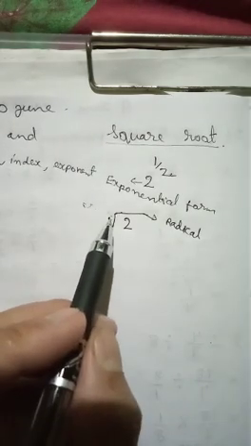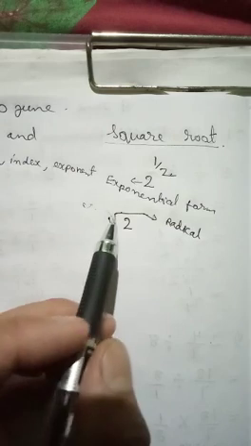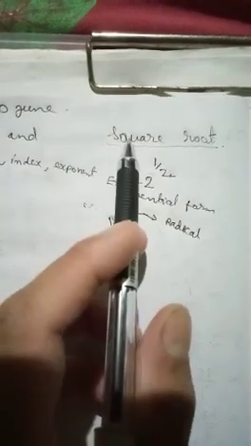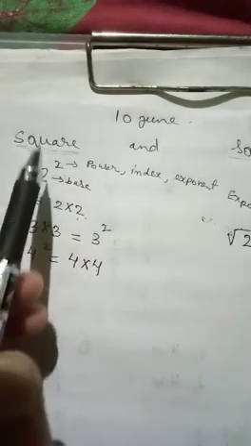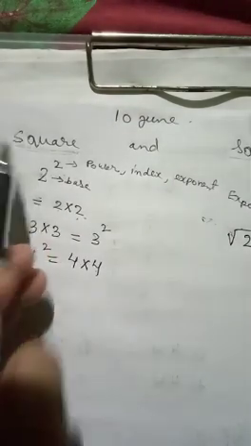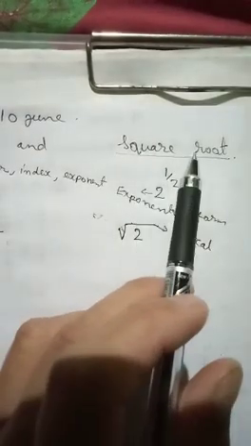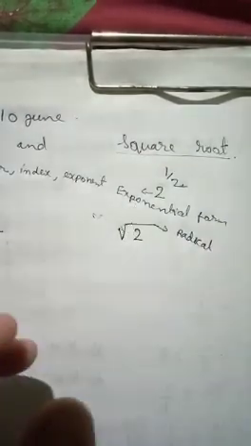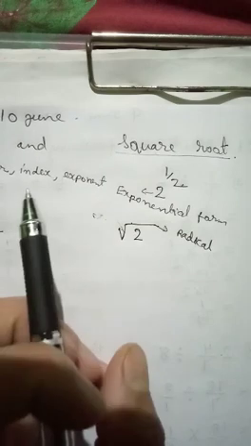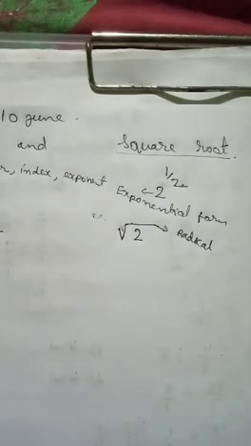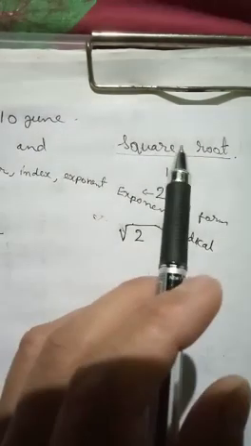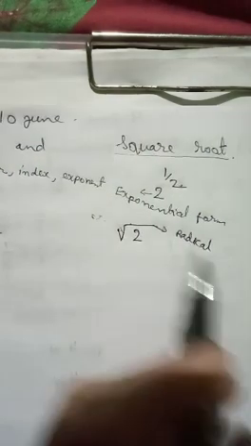If no number is there, the order is 2. If it is 2, we call it square root. So remember, when we say square, we multiply, we increase it by 2 times. But when we say square root, we halve it or cut it by 2 times. Square is increasing; square root is decreasing.